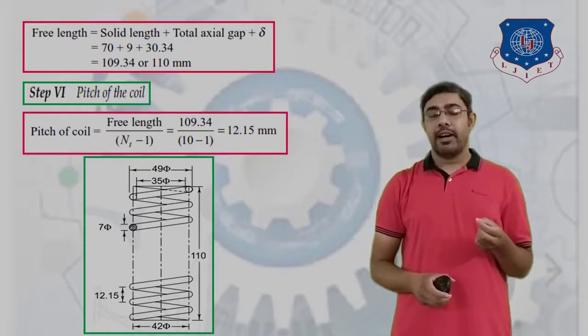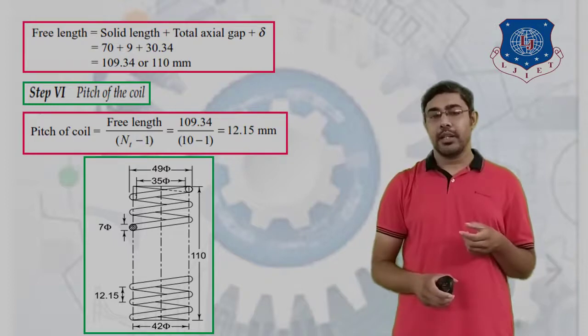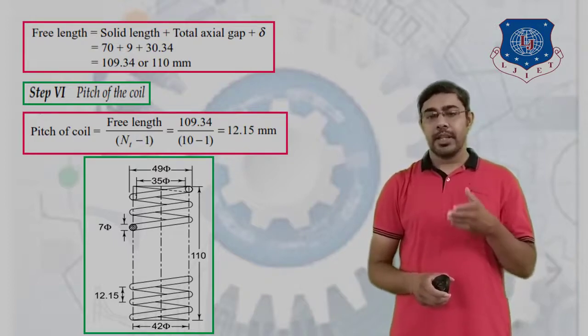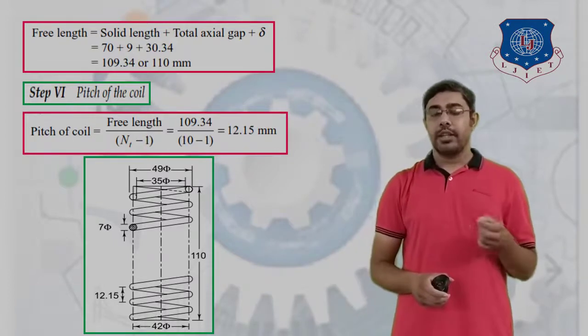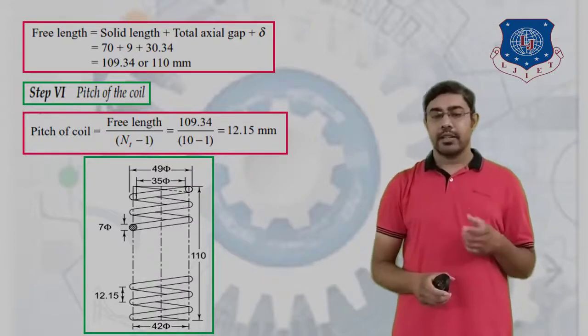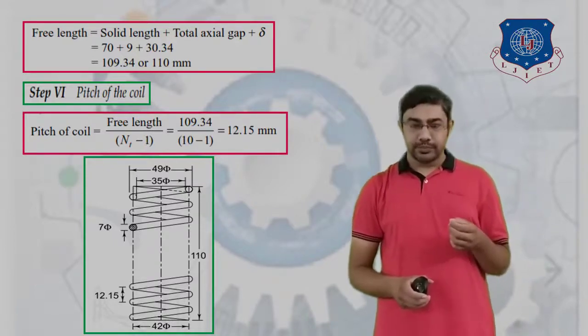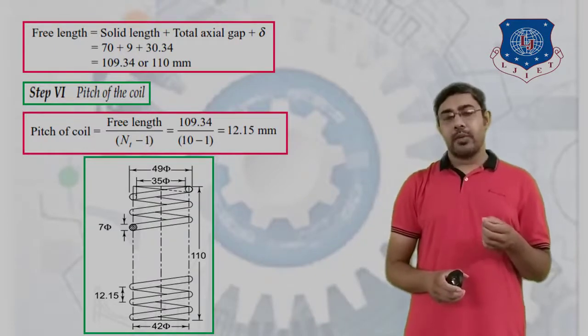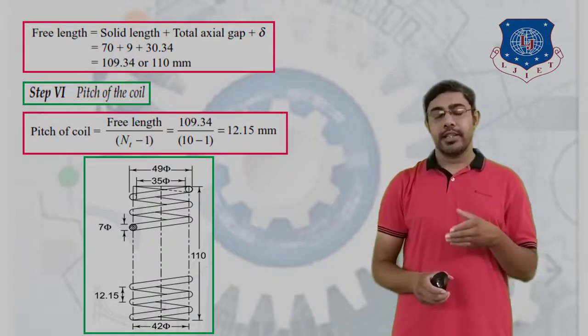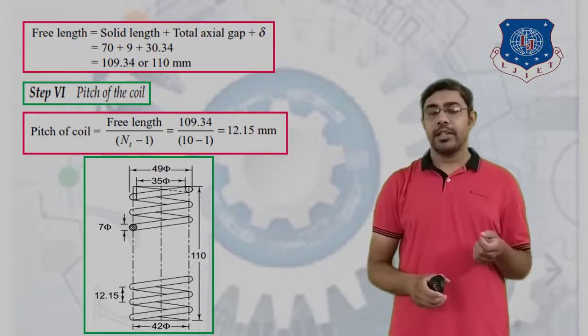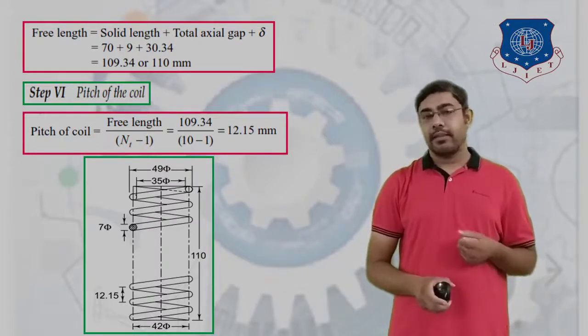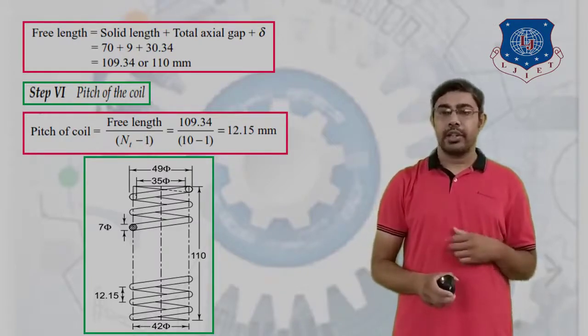The 7 phi is the diameter of wire, the free length of the spring is 110, the pitch is 12.15, and the mean diameter is 42. So the inner diameter is 35 and the outer diameter is 49. This is the final spring diagram according to the given problem.